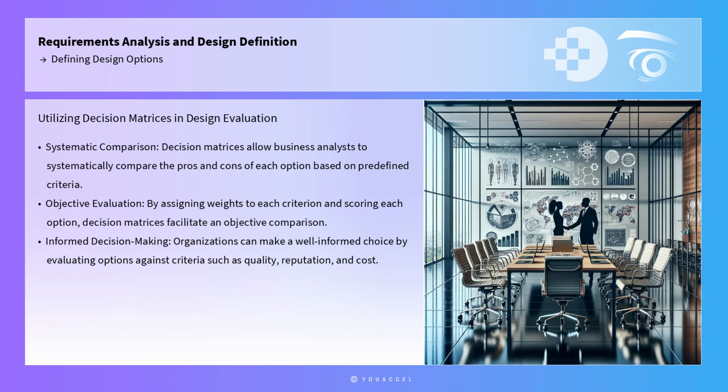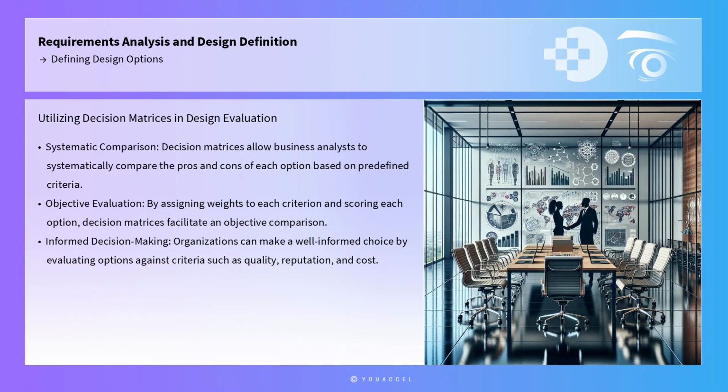In addition to these frameworks, decision matrices are widely used to evaluate design options against multiple criteria. This tool allows business analysts to systematically compare the pros and cons of each option based on predefined criteria such as cost, time, risk, and alignment with strategic goals.